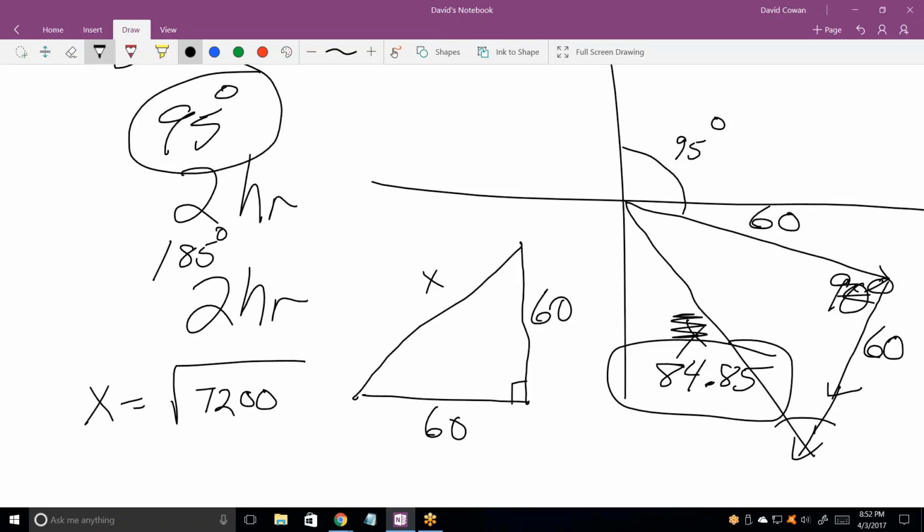Now the question is, what is your bearing? Your position not only requires a distance, but it requires a bearing. What is this angle right there? Because that's the way bearing is given. Let me write it in red. What is that angle right there?